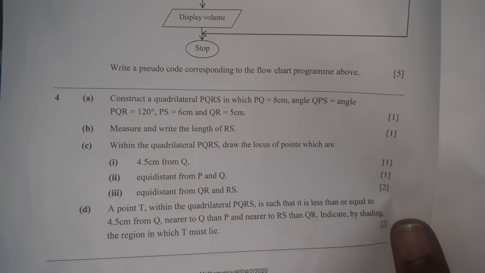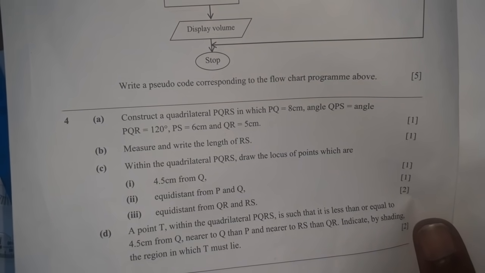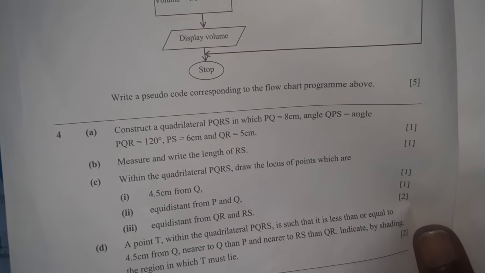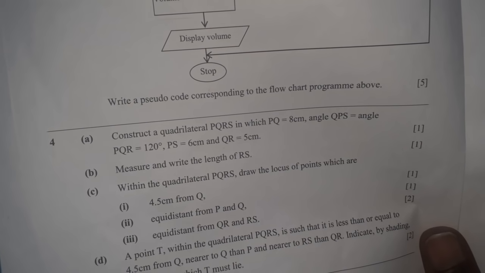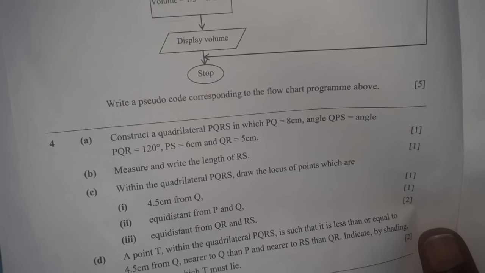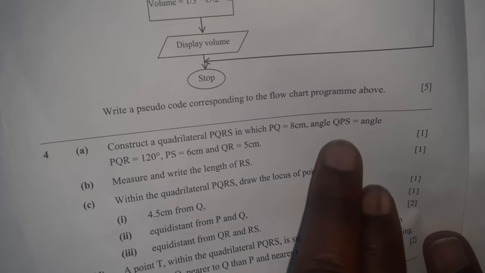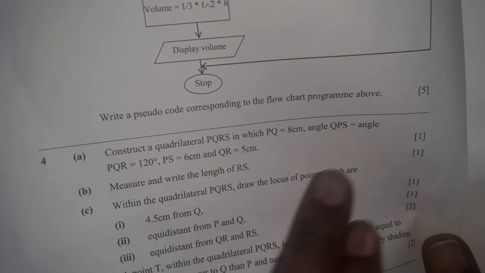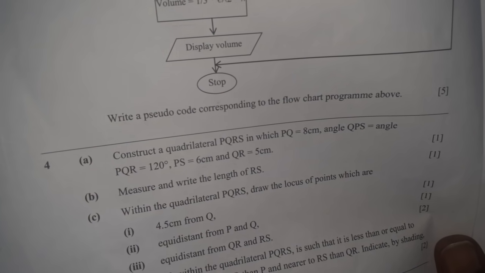It says construct a quadrilateral PQRS, in which PQ is equal to 8 centimeters, angle QRS is equal to angle QPS is equal to angle PQR.